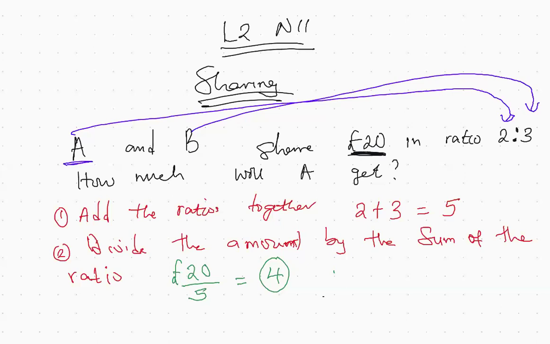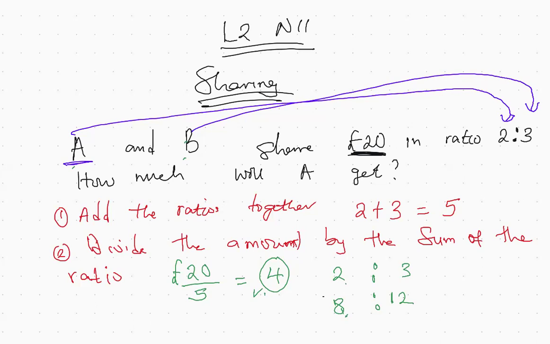So 4 times 2 gives you 8. 4 times 3 gives you 12. That means that A will get 8, B will get 12. That is it. I won't ask you to write it down, but I will ask you to take note of what we did.